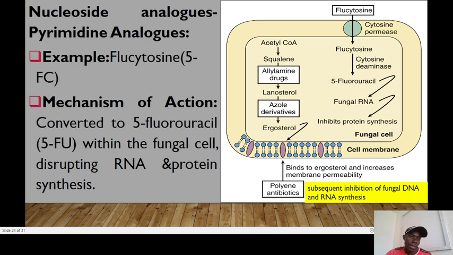Okay, so guys, here we have the flucytosine. So here we have the cytosine deaminase. All right. So this has to be converted to 5-fluorouracil, then the fungal RNA. So here we are going to inhibit the protein synthesis. All right. So consequently, we normally have subsequent inhibition of the fungal DNA and RNA.